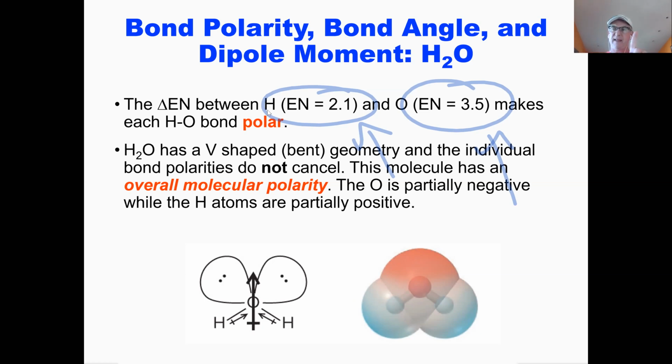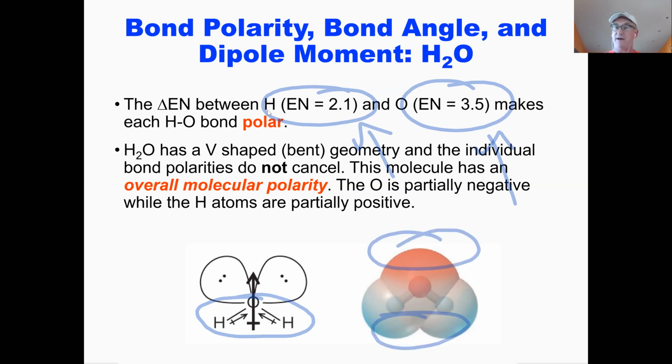But look at it, when we look at the shape down here, we can see that those dipoles do not cancel each other. They're not pointing in exactly opposite directions. This isn't a completely symmetrical molecule. You can see that it's different on the top and on the bottom.